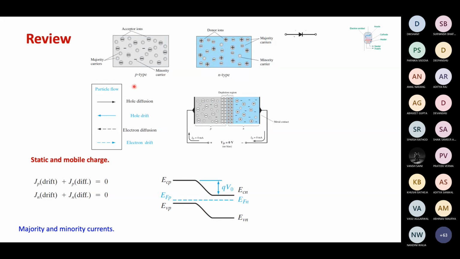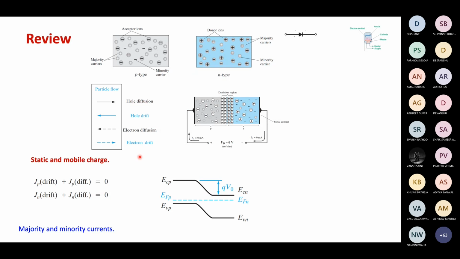And there are two types of carrier transport happening. One is the diffusion of carriers and the second is the drift of carriers. The diffusion of carriers is because of the difference in concentration of carriers. On the p-type we have more holes, on the n-type we have fewer holes, so holes will go from p to n. Similarly, on the n side we have more electrons, on the p side we have fewer electrons, so electrons will go from n to p. This is known as diffusion.